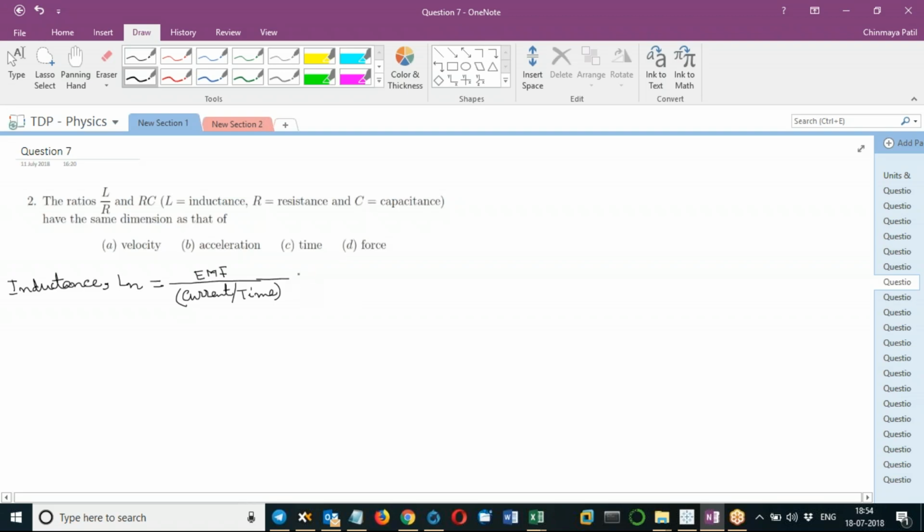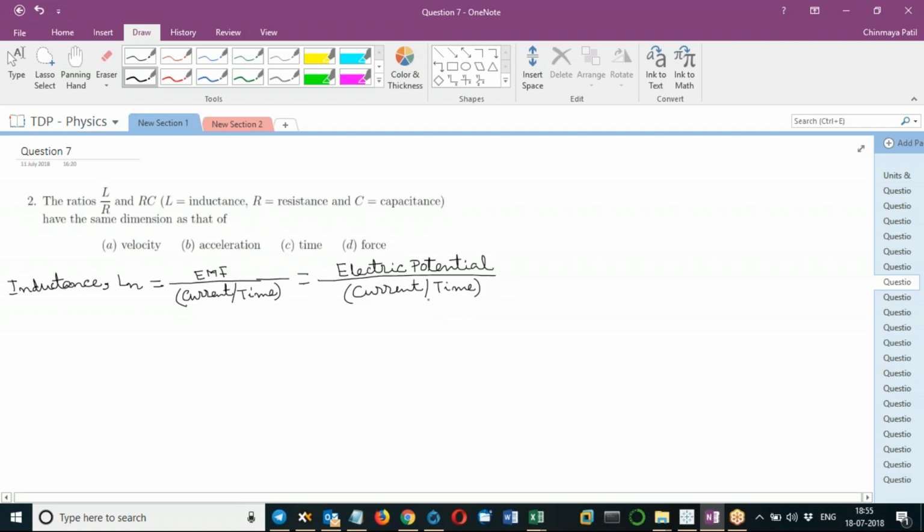Now, what is electromotive force? Electromotive force is nothing but equal to the electric potential, divided by current by time. Now let's see what is electric potential.